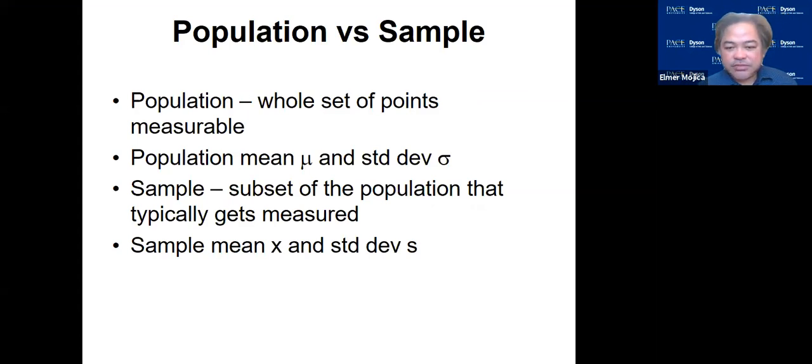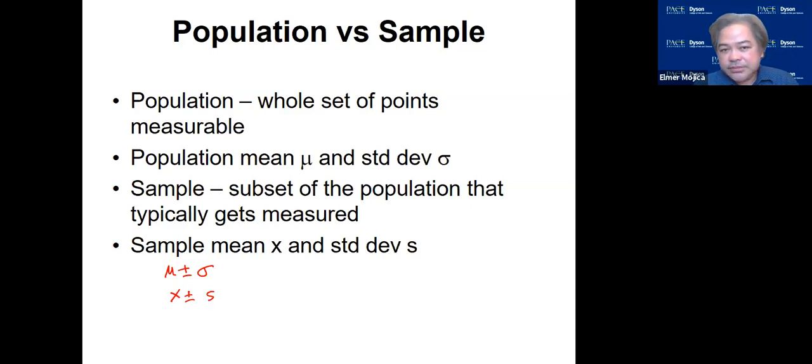A sample is a subset of the population that typically gets measured. In the sample, the mean is x-bar and the standard deviation is s.